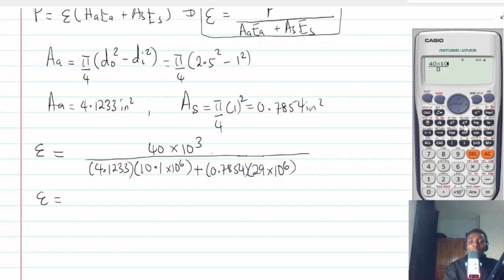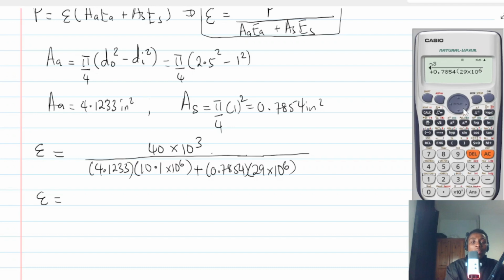So 40 times 10 to the power 3, over 4.1233 multiplied by 10.1 times 10 to the power 6, plus 0.7854 multiplied by 29 times 10 to the power 6.